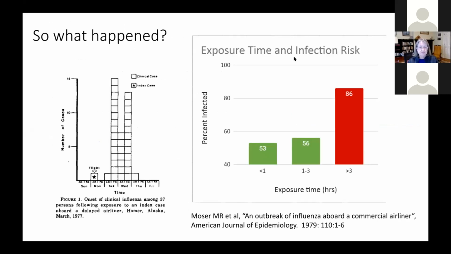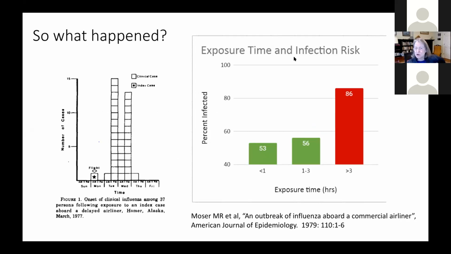Next slide. What's important here is the one sick person on the flight. And here, 2 to 3 days later, are all these people who became ill. Because of the isolated nature of Kodiak, Alaska, and an alert physician, this was recognized as an index case. But here's the thing that's important for us today. They looked at how long people stayed on the airplane. Some people got off, some people stayed.